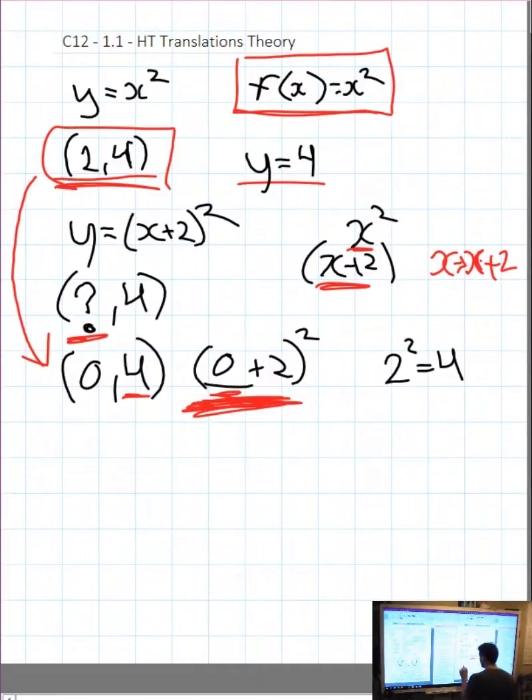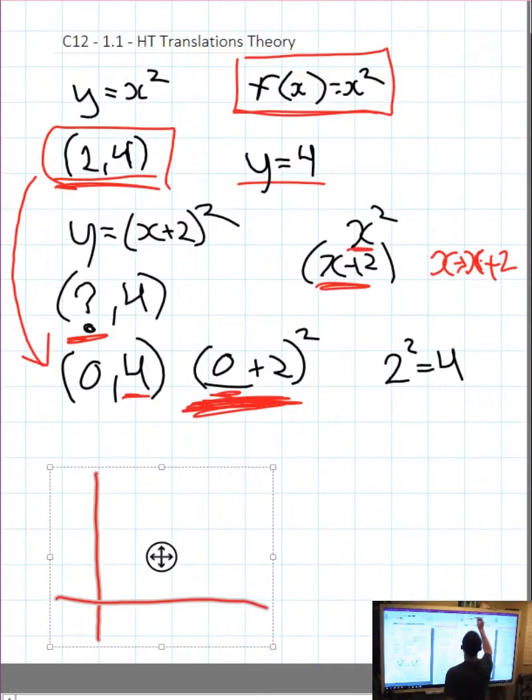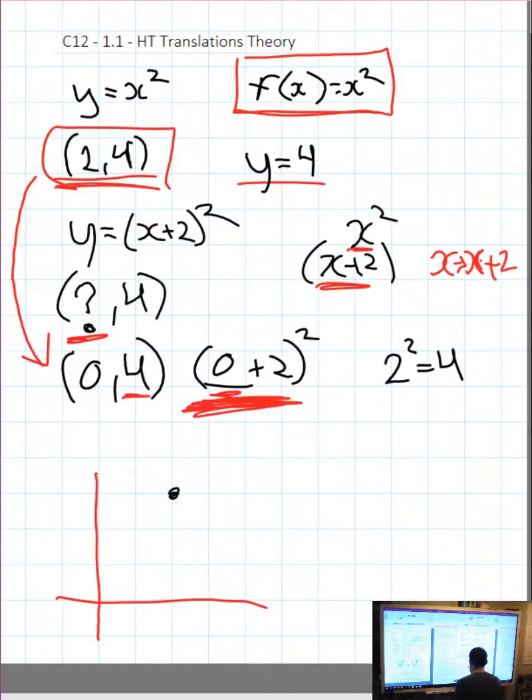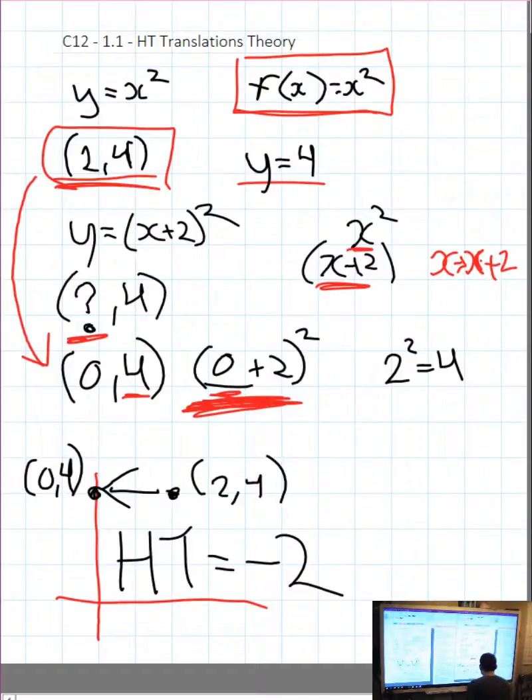Well, what has happened to that point? So let's take a graph. I'm going to shift that down one, and let's take the point (2, 4). What's happened to that point? Now it's here at (0, 4). It went left 2. A horizontal translation equaling -2, left 2.